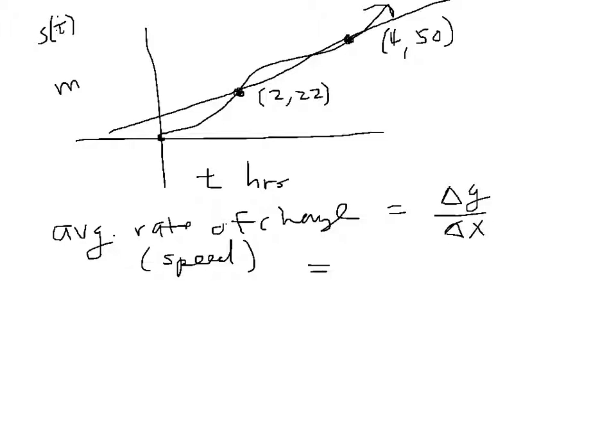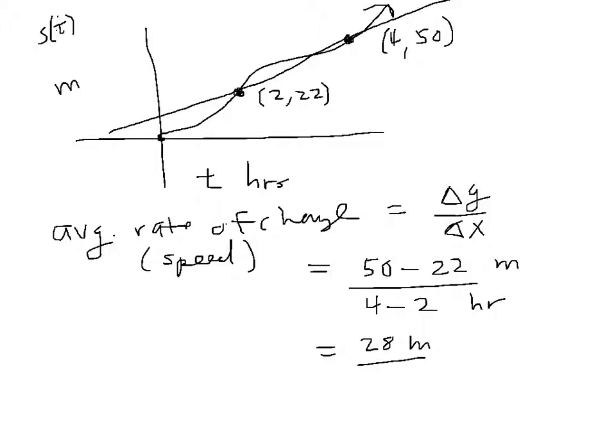In this particular case, it would be 50 minus 22, and we're going to put miles here to help us, and the change in the x would be 4 minus 2 hours. So my average rate of change in that time is 28 miles in 2 hours. So my average speed, or average rate of change, is 14 miles per hour. That's pretty good speed if you're riding your bike.